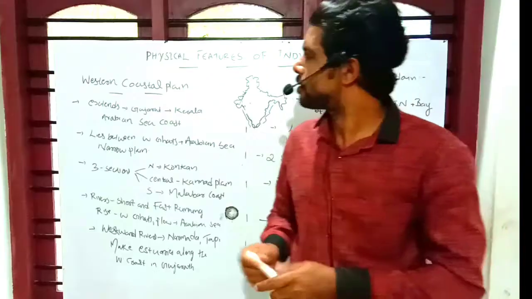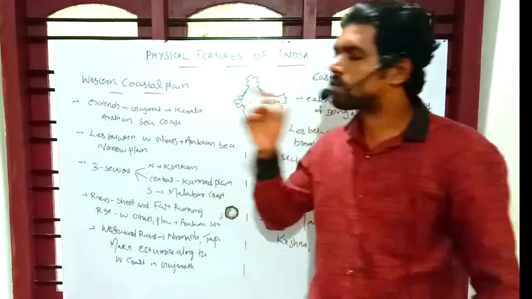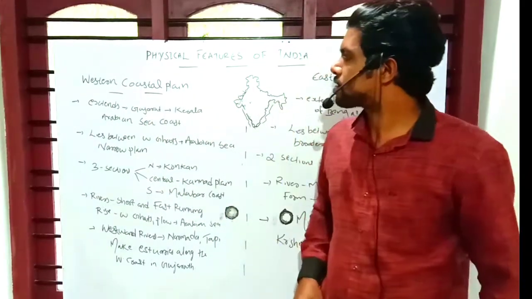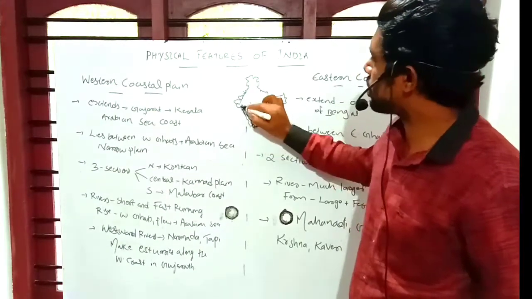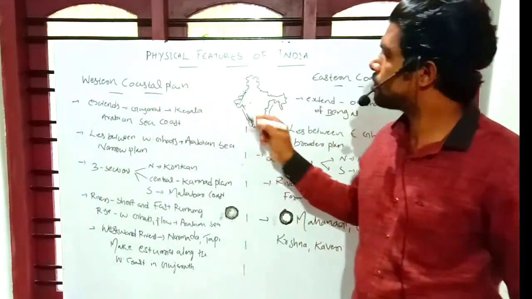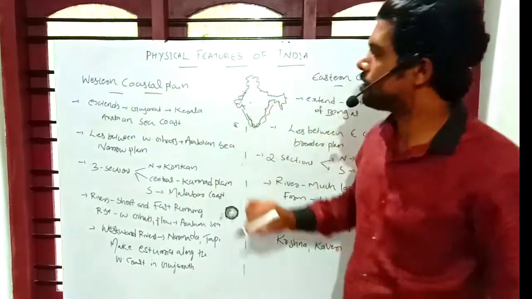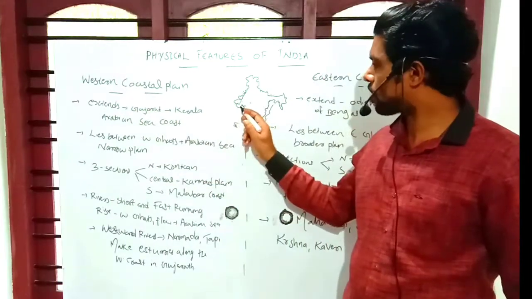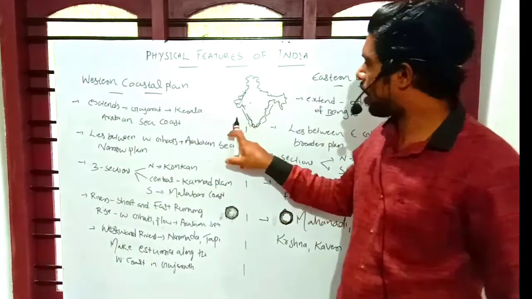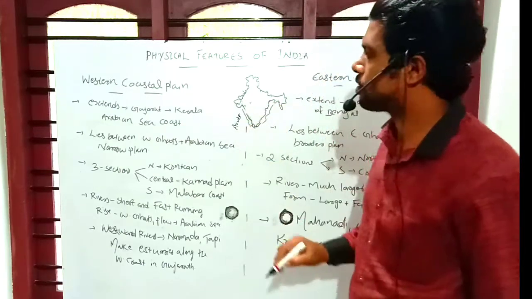The western coastal plain is the fourth major physical division of India. It extends from Gujarat to Kerala along the Arabian Sea coast.